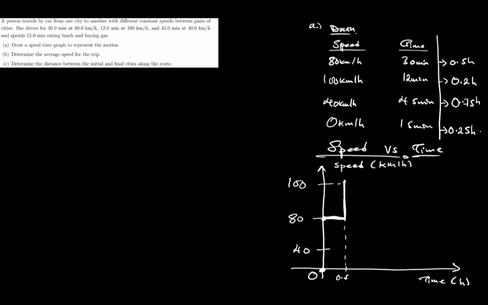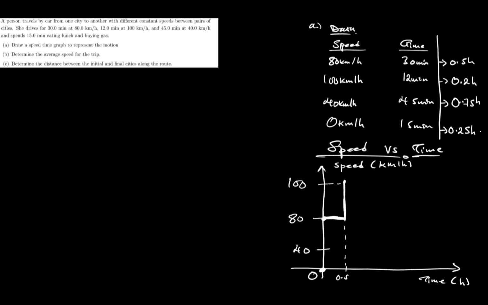So if you can remember, you are moving at the speed of 80 for 0.5 hours. Now you have reached 0.5 hours, and then you decide to increase the speed. So you increase the speed to 100 and move at that speed for 0.2 hours.